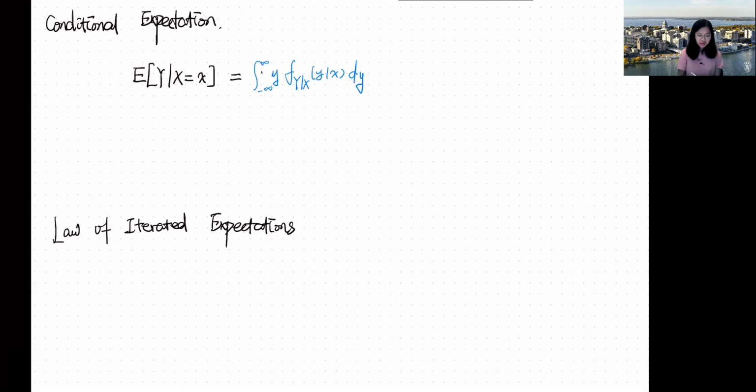So if y is a continuous random variable, the conditional expectation of y given x equals little x can be found by taking this integral over the whole real line of y times the conditional probability density function of y given x, dy. So that's the definition of conditional expectation.